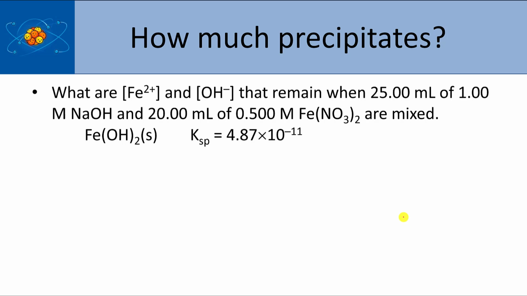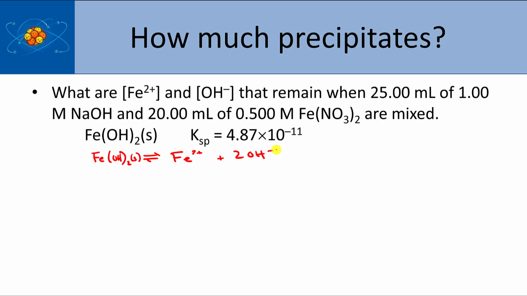Then it's a hydroxide precipitation, so you need to know what your reaction is, right? So I have Fe(OH)2, that's a solid, right? So it breaks up into its ions, like this.